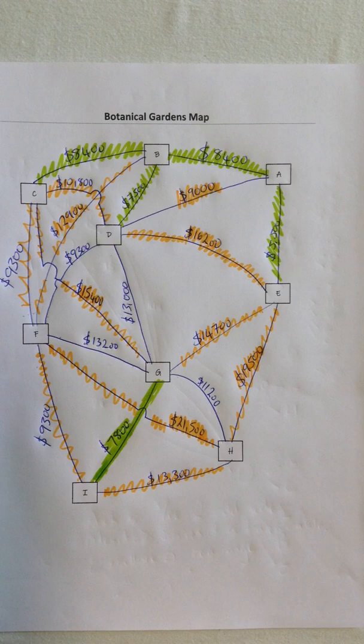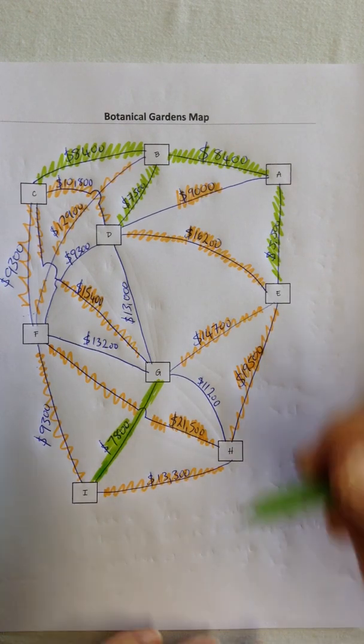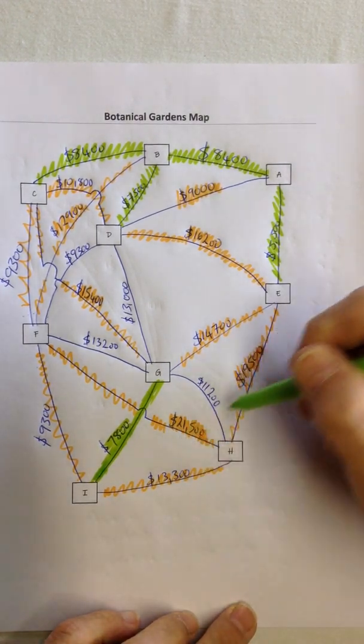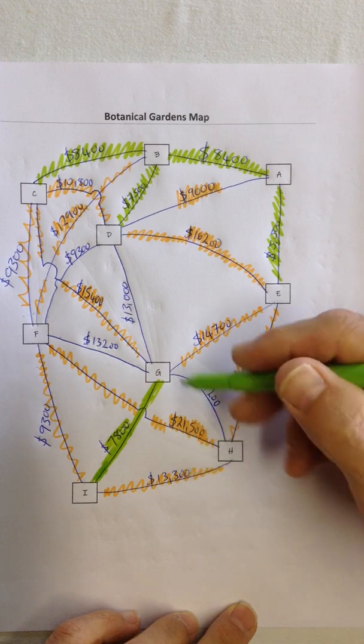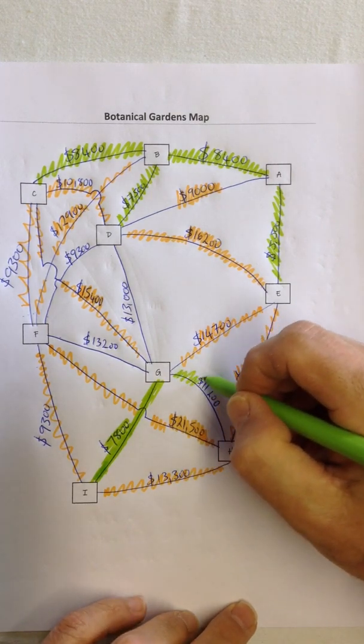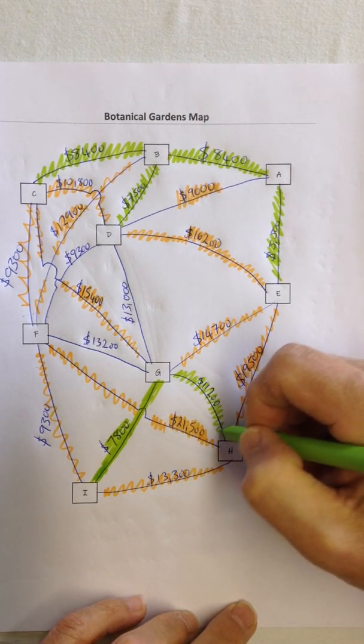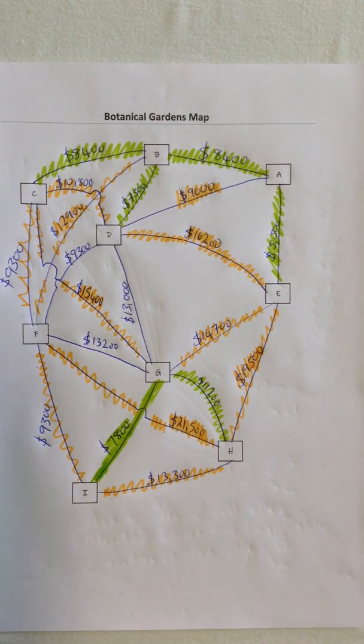Okay, looking at D. Got lots of expensive trails there, so I'll keep them in mind for a moment and see which way I want to go. Right, so H down here, we've eliminated those three pathways, so all that's left for H is that one, which is a relatively expensive irrigation pipeway, but H still needs to be included.